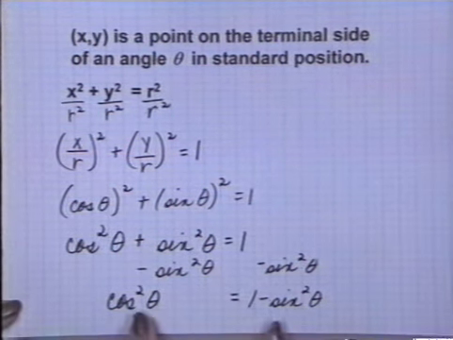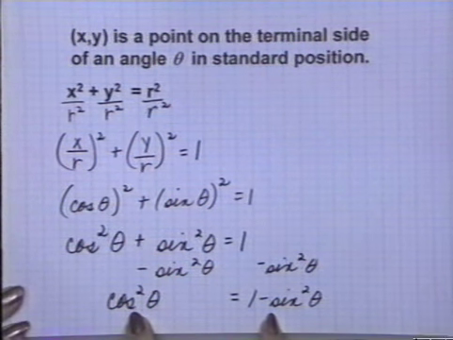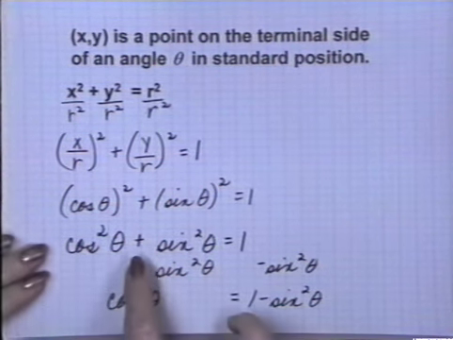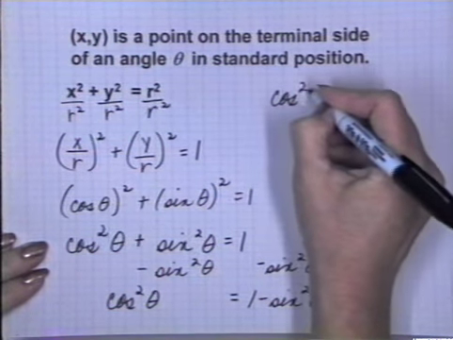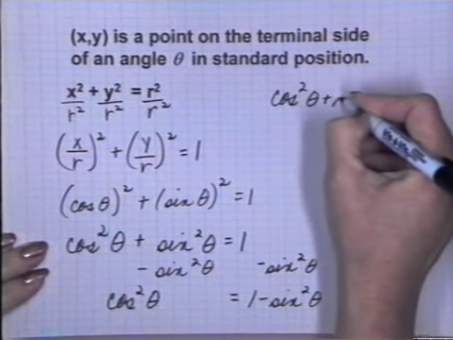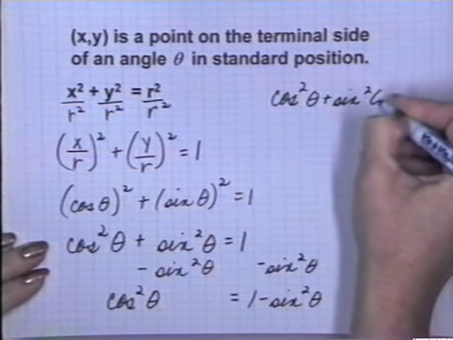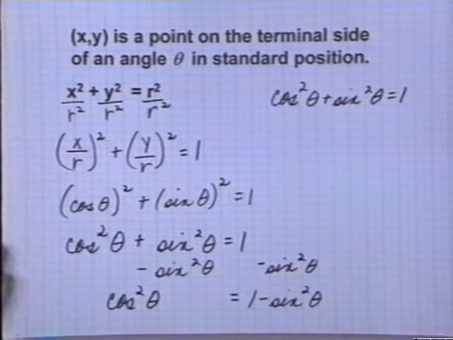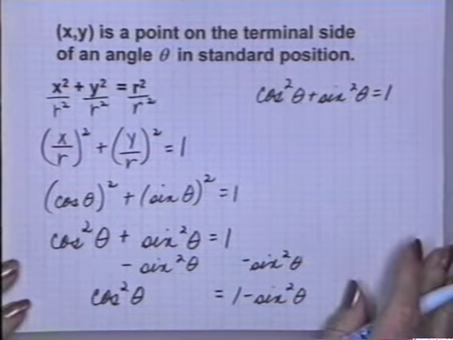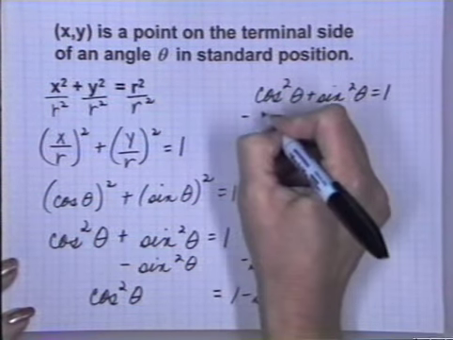So there is another form of this Pythagorean identity, and the last thing we'll do is take cosine squared theta plus sine squared theta equals 1, and this time we'll subtract cosine squared theta from both sides.